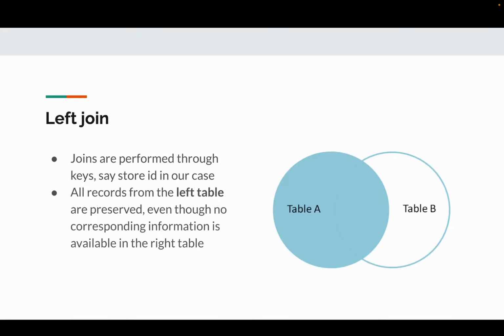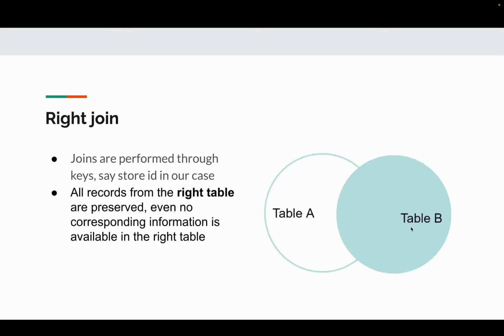And this is a left join. Left join means you will have some records in table A with corresponding store IDs, and in table B you will have some data with its own store IDs, but you will end up with information for all the keys that are in table A, even if the records are not available in table B. For example, let's say table A has records for store IDs A and B, and table B has store ID just for A. After the join you will have records for both A and B, and the record with store ID B will have null values due to this join operation.